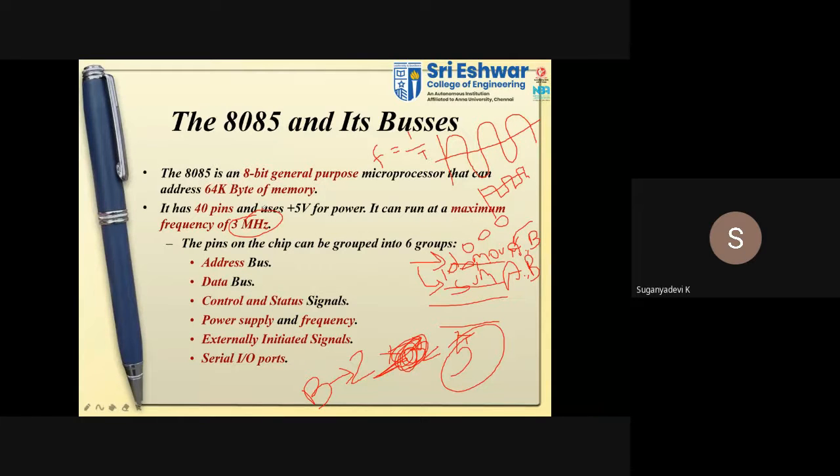Ranjana, Shri Ranjana, Sanjana. Yes, ma'am. Sanjana, what is the need of increasing the frequency in microprocessors? Why don't we use 3 megahertz for 8086? I told you for 8086 the frequency range is 5 megahertz. Why are we increasing the frequency?